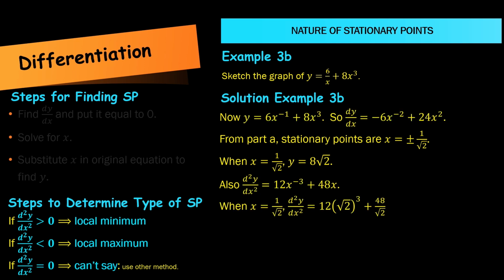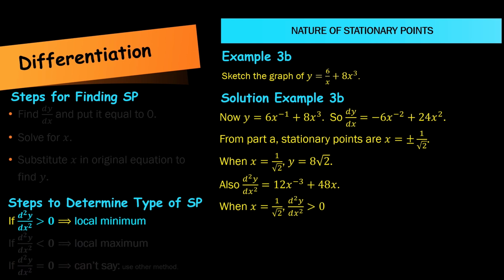And so plugging in x equals 1 over root 2 into the equation for d²y/dx² gives us that d²y/dx² is greater than 0 at this point. And therefore we have a local minimum.